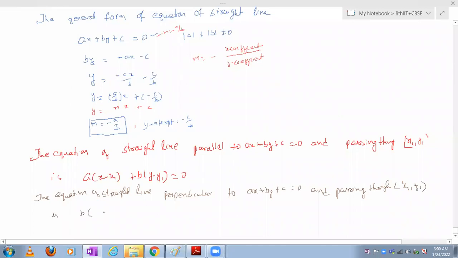This is b into x minus x1 minus a into y minus y1 is equal to 0. How it came, I will say. So this is another thing.